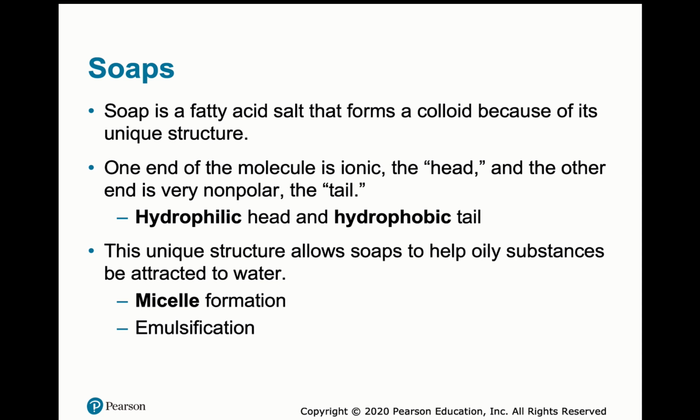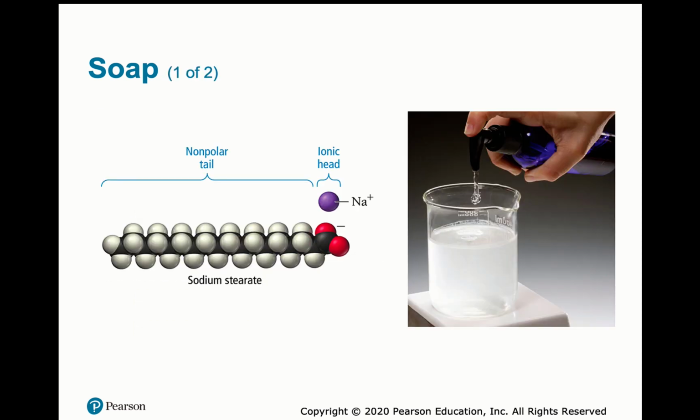Most soap is anionic; usually it's a fatty acid, so it has a carboxylate end, the negatively charged end of the fat, and this allows it to form a structure called a micelle.